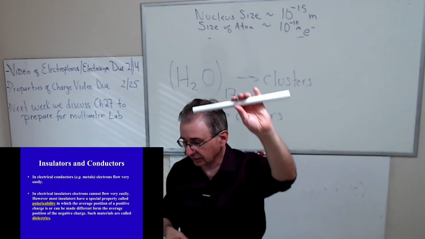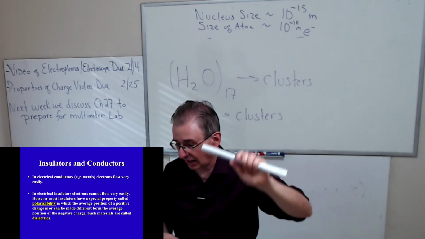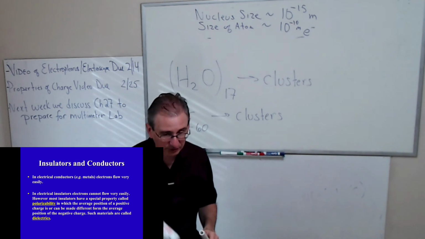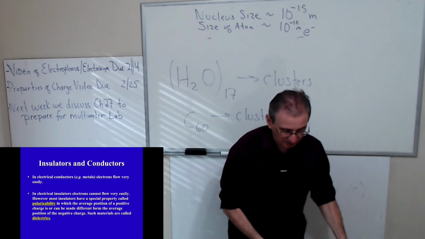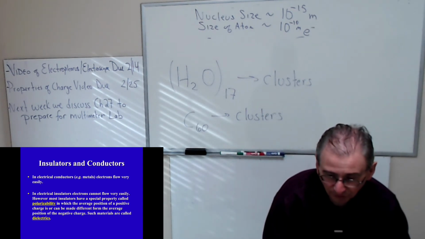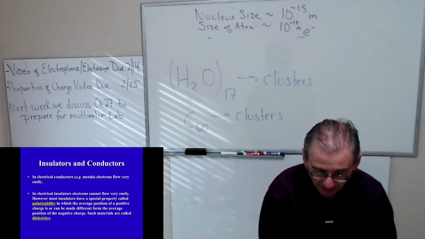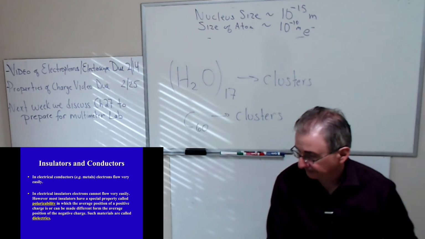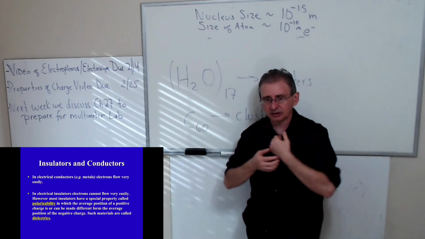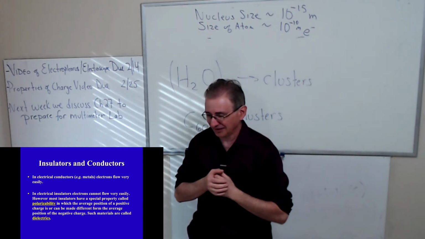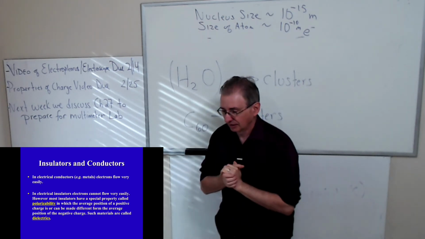So no matter what the sign of the charge is on my rod, you're always going to get an attraction with the metal can. That illustrates how easy the charge can flow in a metal. And I'm assuming an ideal conductor, okay? I'm assuming ideal conductor when I discuss this.